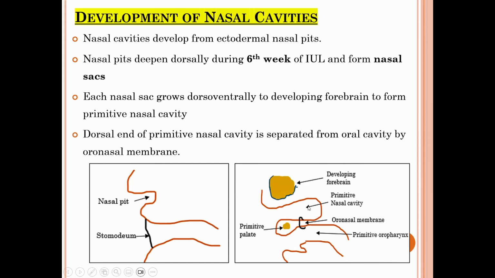Now you can see here this is the primitive nasal cavity, and here is the primitive oropharynx, and this is the primitive oral cavity. And there is a partition between the primitive nasal cavity and primitive oral cavity, known as oronasal membrane. So dorsal end of primitive nasal cavity is separated from the oral cavity by oronasal membrane, and here there is stomodium. So nasal pit, there is stomodium, there is the future mouth or primitive oral cavity.